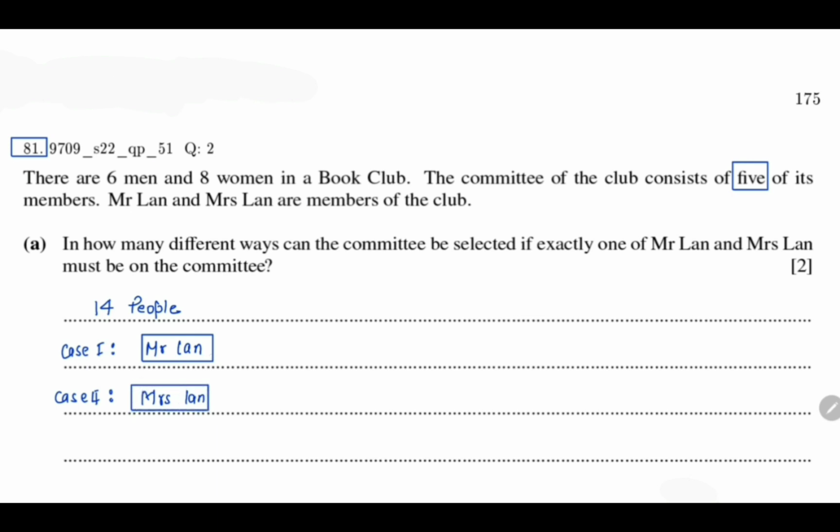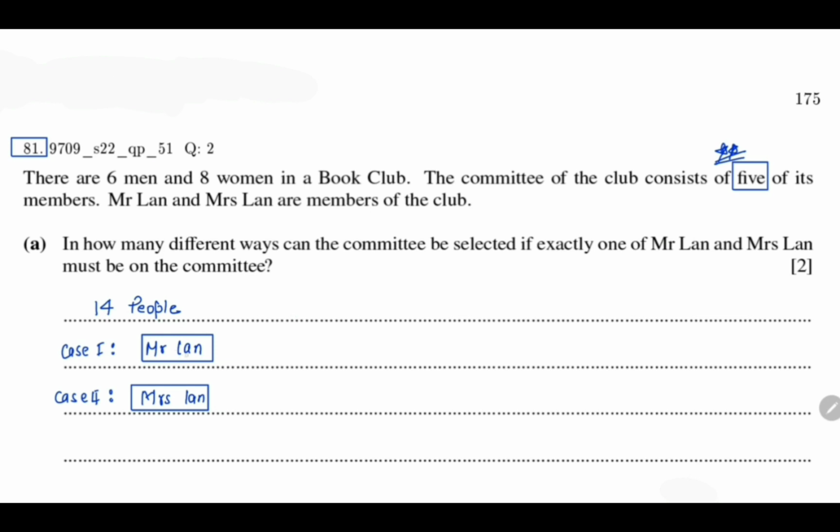Total members in the committee are 5. We have to select 5 members. In case 1, Mr. Lane is already selected. Now we have to select 4 more people. So 4 more people can be selected out of how many people? 12.